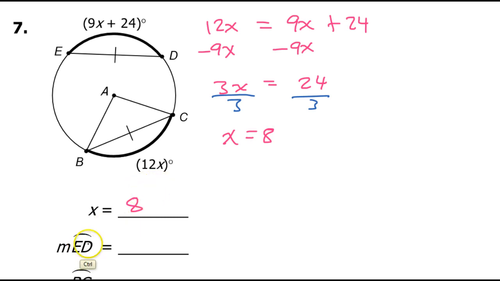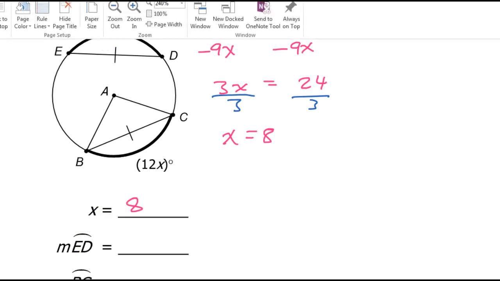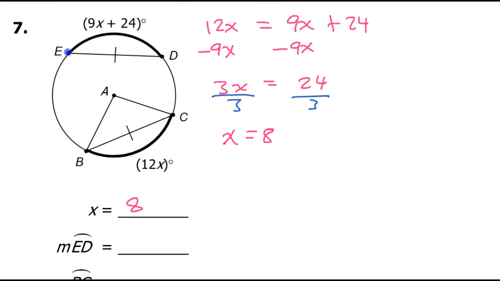Now they want the measure of arc ED. Arc ED is here. So that 9x plus 24 becomes 9 times 8 plus 24.